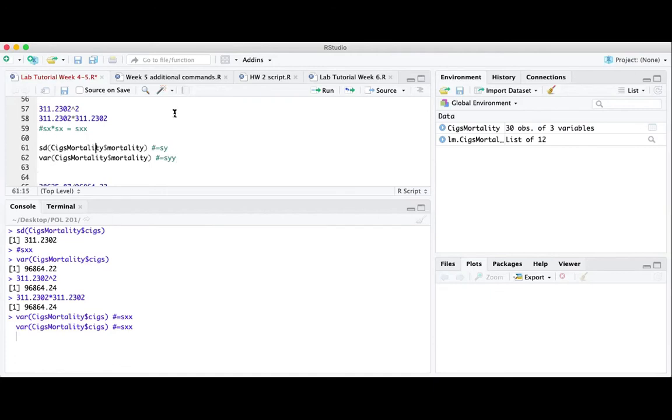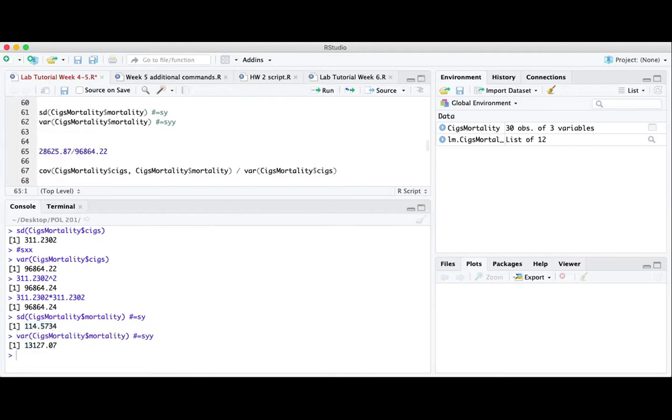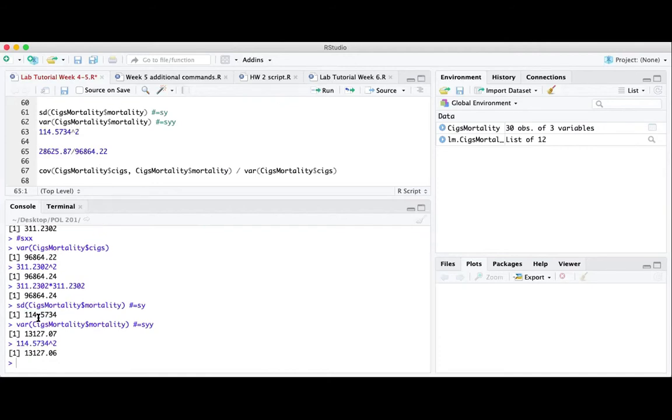So now let's do that. 114.57, that is SY, and 13,127, that is SYY, the variance. And of course, it's the same thing, right? I can just simply take this standard deviation value and square it to get variance. It's the same thing, except for some minor rounding differences.